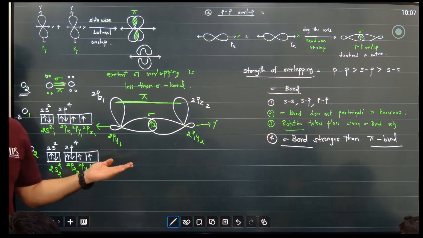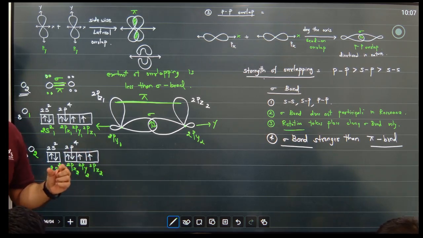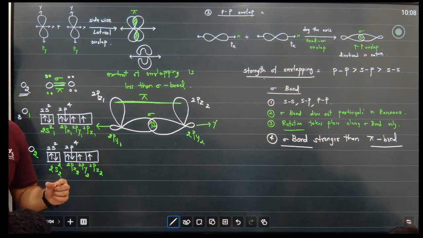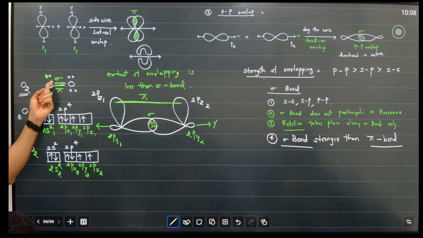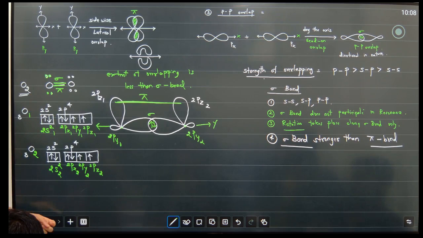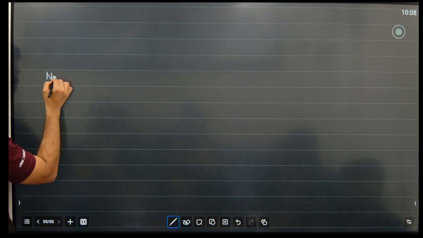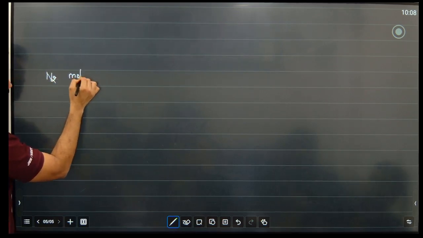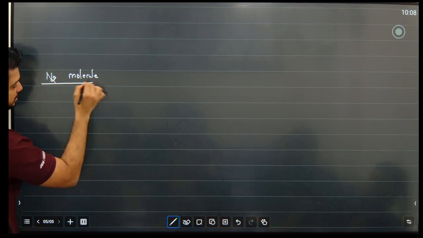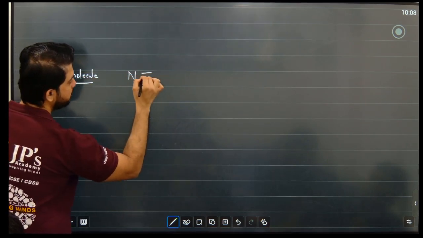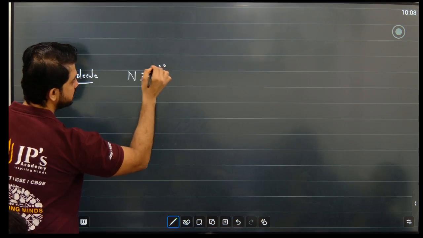So now wherever you see a double bond, in a double bond there is one sigma and there is one pi. In the same way, I want to understand the formation of the N2 molecule, where nitrogen has a triple bond with one more nitrogen.